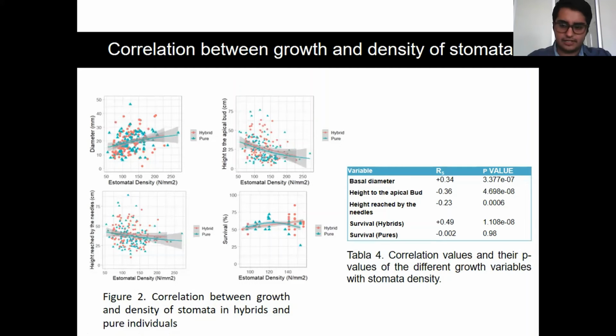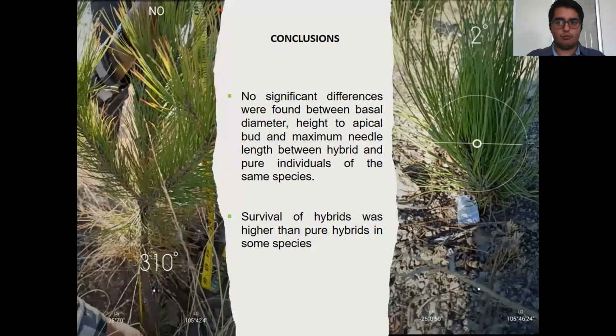And we found something interesting in the correlation between survival and stomata density, because hybrid individuals did have a significant positive correlation between survival and stomata density, but not the pure ones. Apparently, the pure individuals have a decrease in survival when the stomata density gets to the highest point.